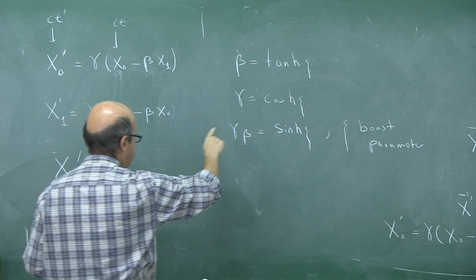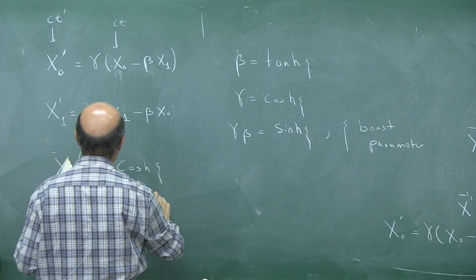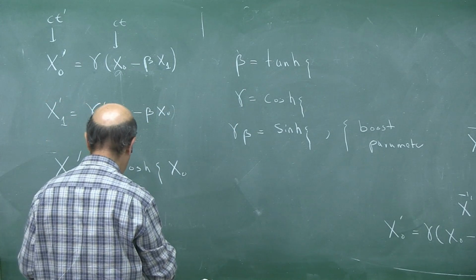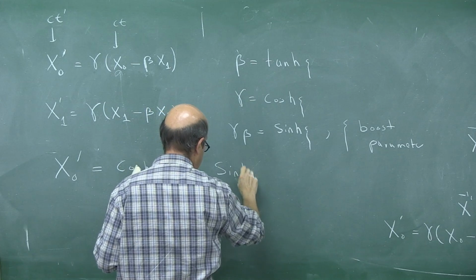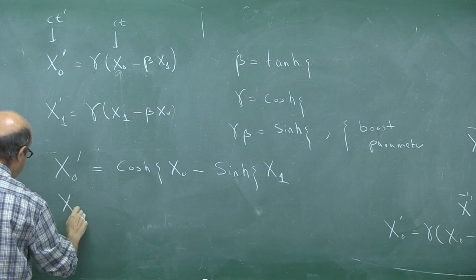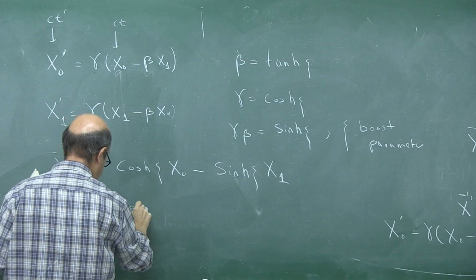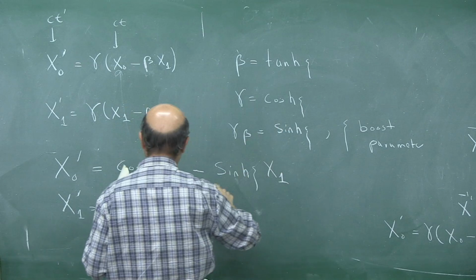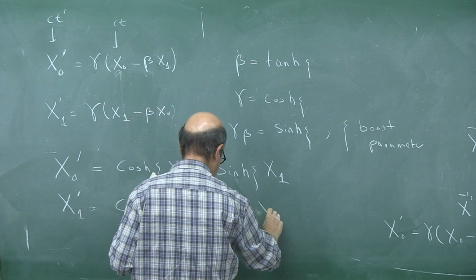Gamma is cosine hyperbolic psi, so x0 prime equals cosine hyperbolic psi times x0, minus, instead of beta gamma, sine hyperbolic psi times x1. And x1 prime is equal to gamma x1, where gamma is cosine hyperbolic psi, times x1, minus gamma beta, which is sine hyperbolic psi, times x0.